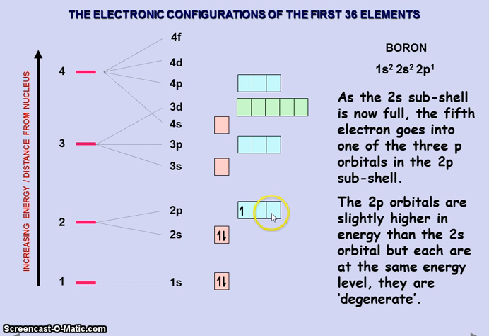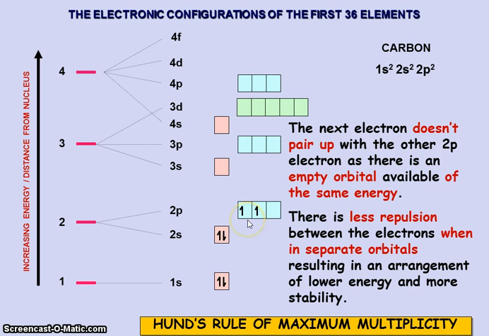But there are 3 p orbitals here. Now the next electron, in carbon, which has 6 electrons, does not pair up with the first electron. It goes and occupies another orbital, to minimise the repulsion between the electrons. And what I said earlier was, this is the sitting on the bus rule.